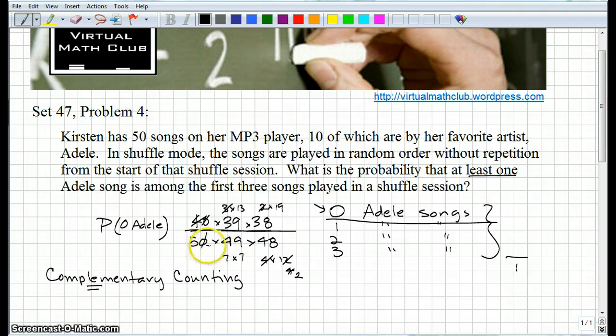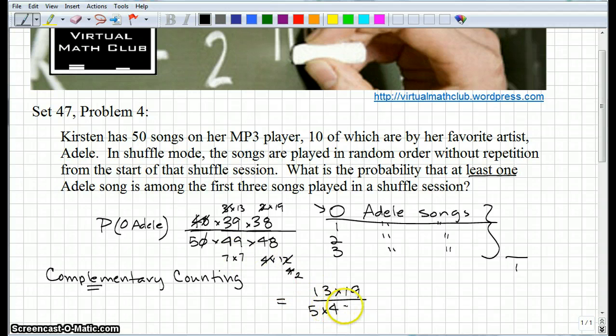And so let me write this down here. What we have left on the top is 13 times 19, and in the denominator we have a 5, and we have 7 times 7, 49.